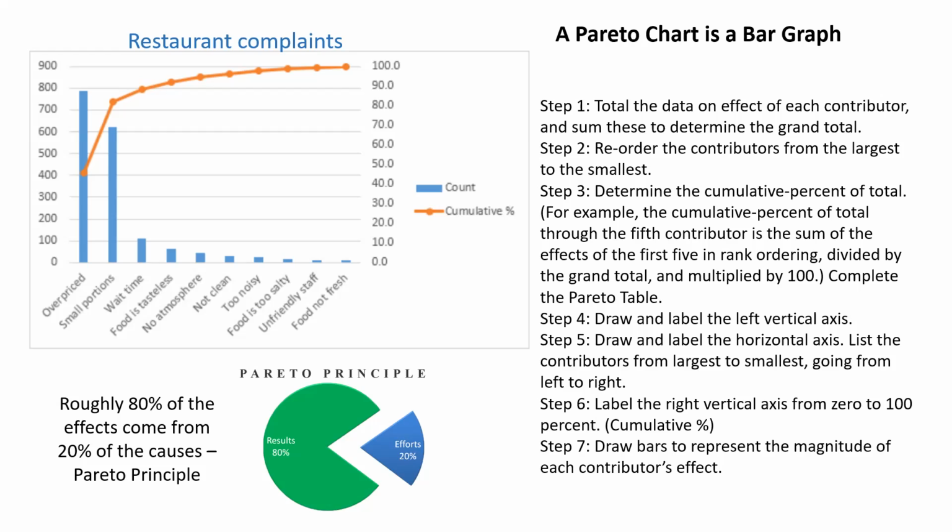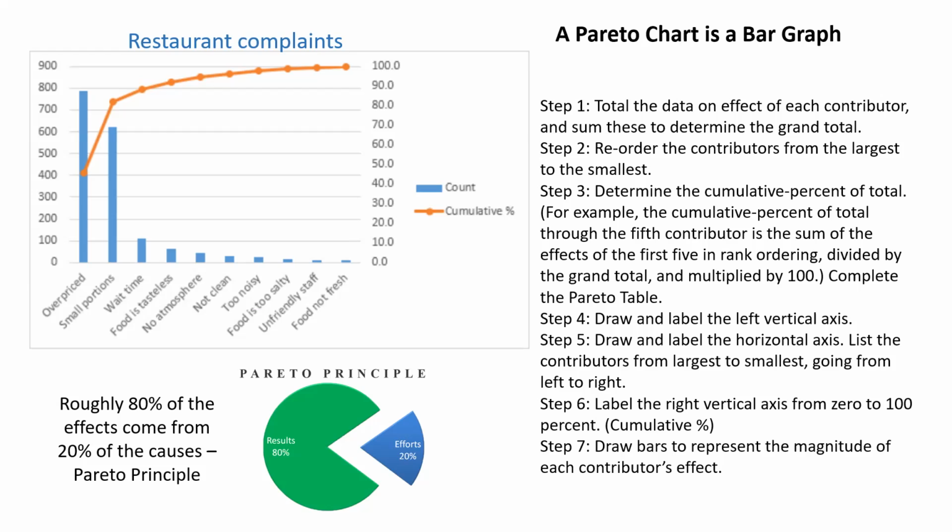They put them all together and made a Pareto chart. The chart tells them that 80% of the complaints were about the food being overpriced. There were also complaints about small portions, 70% of it.